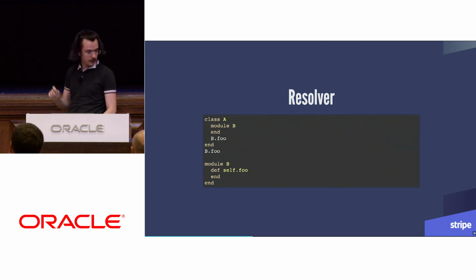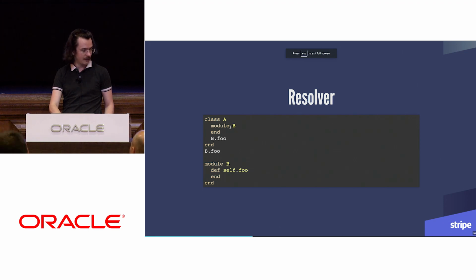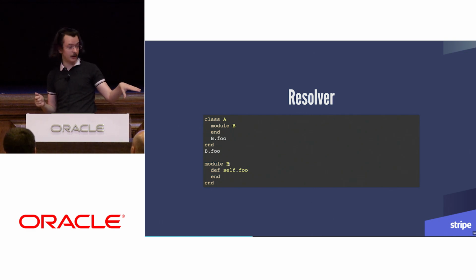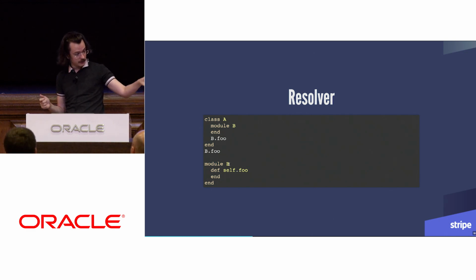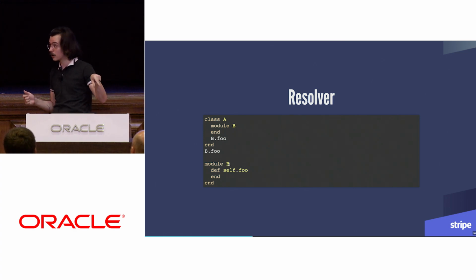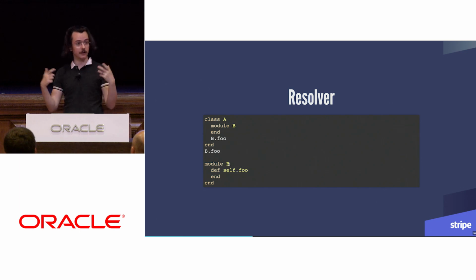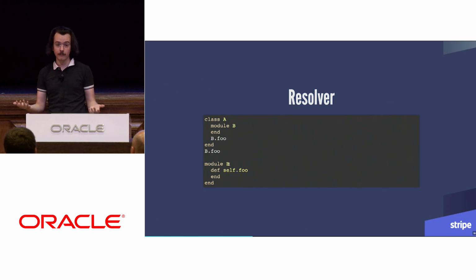To give you some understanding of what resolver does, in this example, you have two Foos, two Bs. The B inside A is that B. The B outside A is that B. And this example is simple because the two classes, the top-level A and top-level B, are written in the same file. In general, they might be in different libraries, they might be defined wherever.